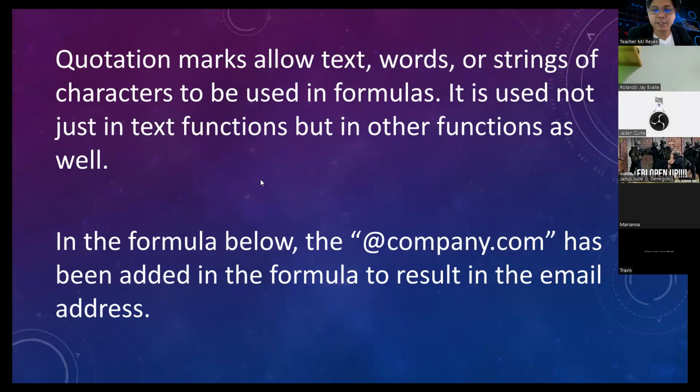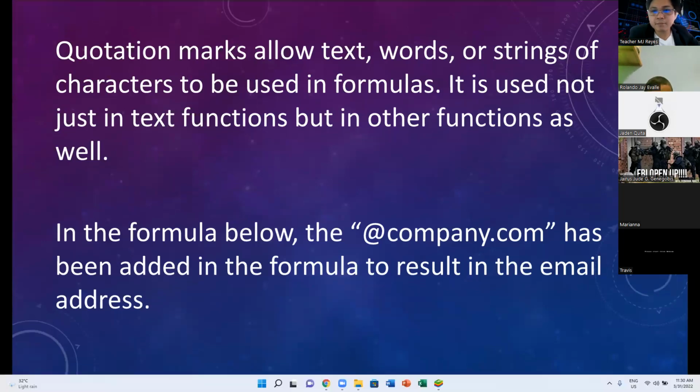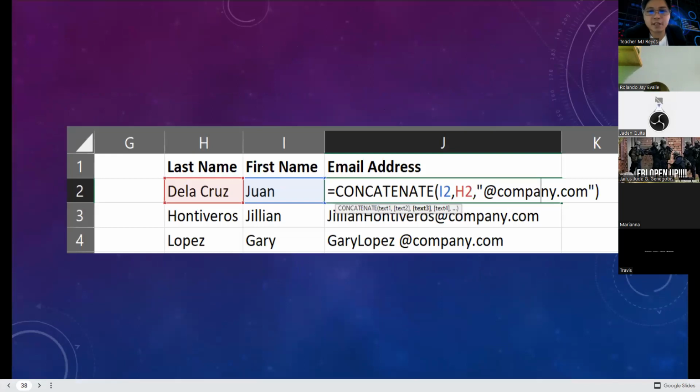We are now inserting a character in the formula. These are just text functions, but other functions work as well. In the formula below, the @company.com has been added in the formula to result in an email address, just like this one. We extracted the name, correct?